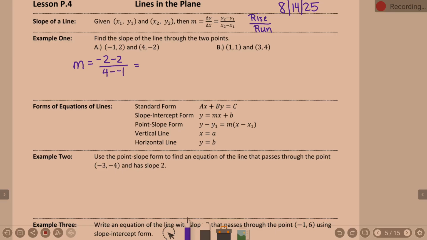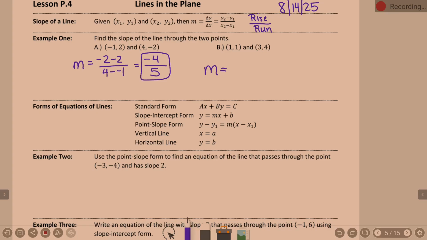What do we end up with here? -4 on top. So we have a slope of -4/5. Yeah. Now, you will notice I used m out front. M is your typical algebraic abbreviation for slope. Yes? Okay, that's old news. What are we doing in B?